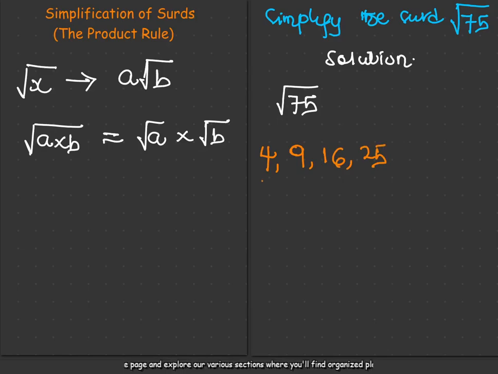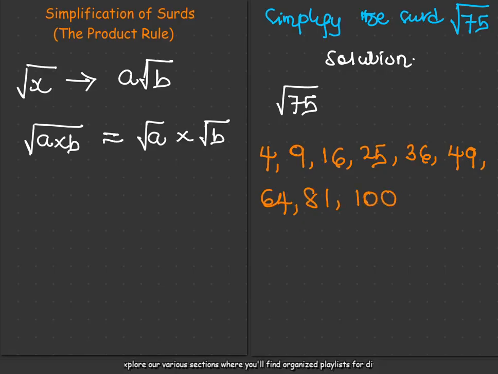How am I getting them? 2 times 2 gives us 4, 3 times 3 is 9, 4 times 4 is 16, 5 times 5 is 25, 6 times 6 is 36, 7 times 7 is 49, 8 times 8 is 64, 9 times 9 is 81, and 10 times 10 is 100. You should know a handful of them. So with this, I think we are good to go.